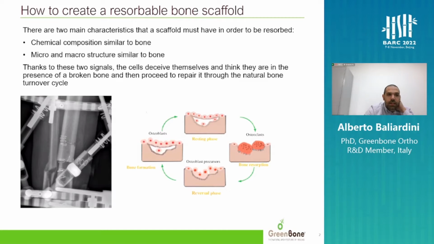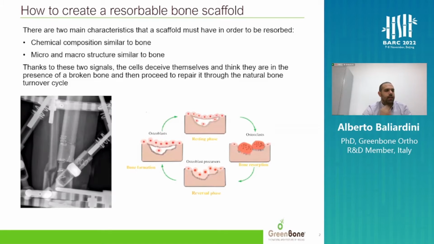A scaffold needs two fundamental characteristics: to have a chemical composition like that of natural bone, and to have a micro and macro structure like that of bone. Thanks to these two signals, the cells can recognize the scaffold and integrate it within the bone turnover.